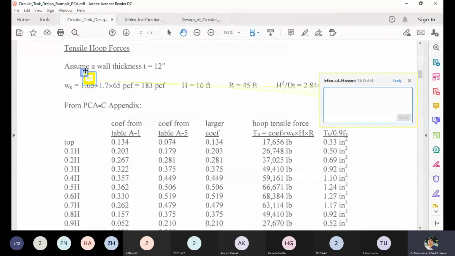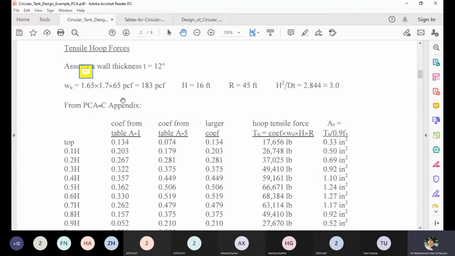This factor is a sanitary coefficient, and another factor is applied, the durability factor. Sanitary coefficient and live load factor are applied as 1.65 and 1.7, and then comes the total load, where 65 is the density.